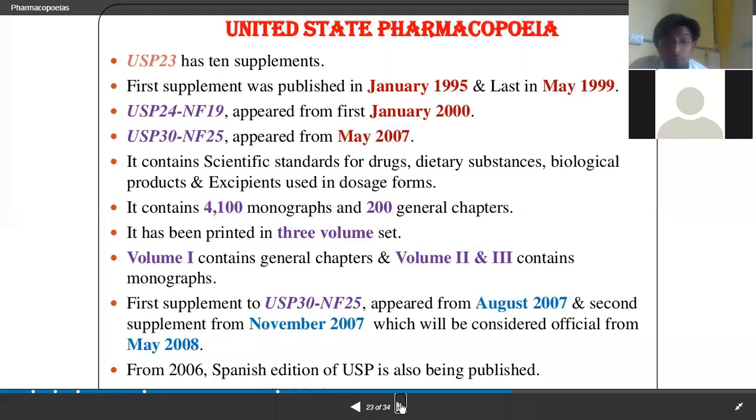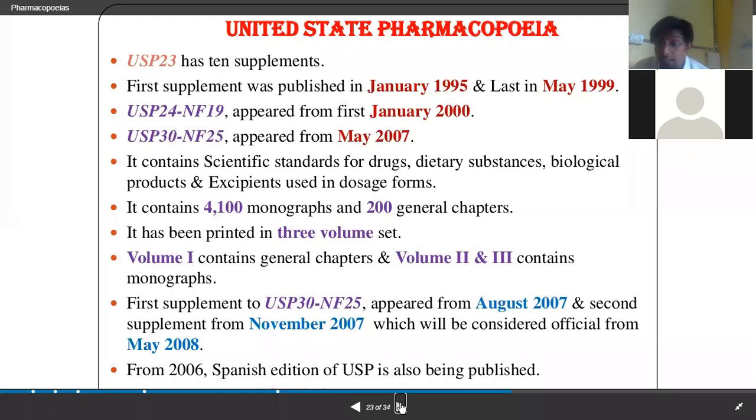We don't see dietary supplements or excipients and their usage given there. Definitely biological, immunological, and biotechnological products are mentioned in IP and BP also, but dietary supplements and excipient details are not given in the British Pharmacopoeia and Indian Pharmacopoeia.